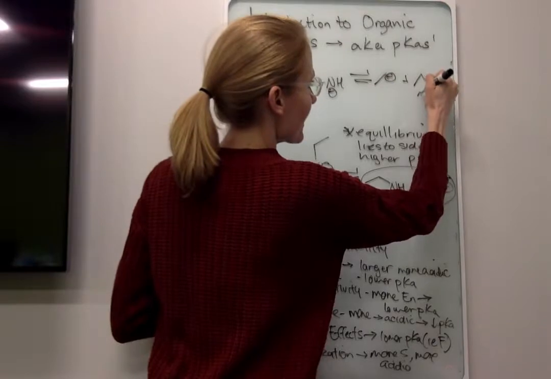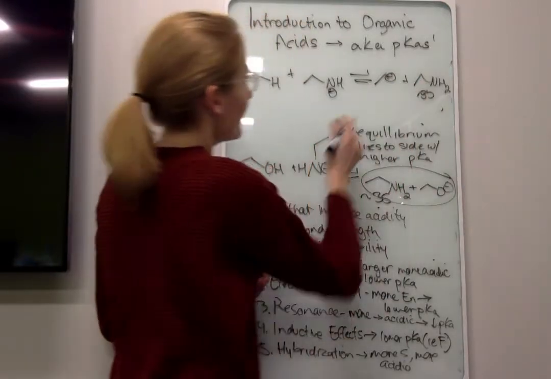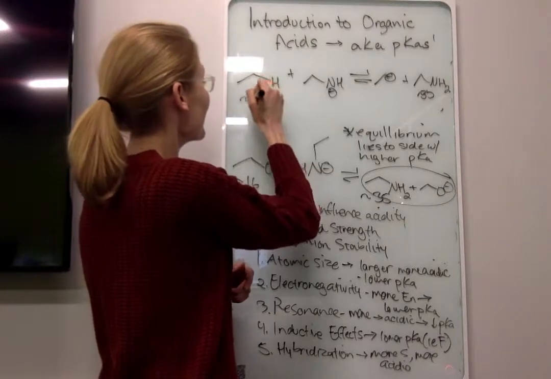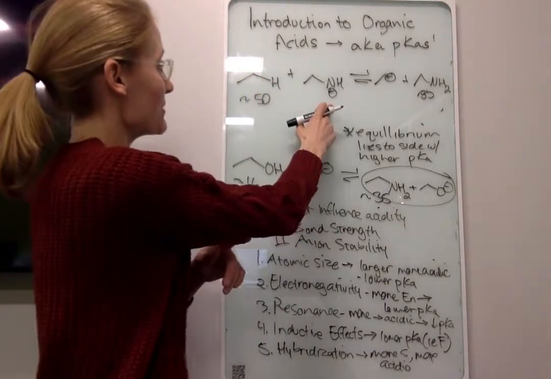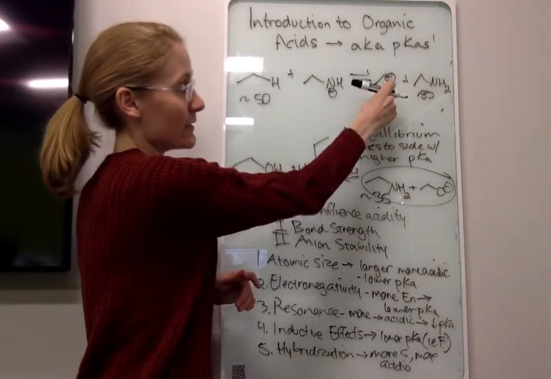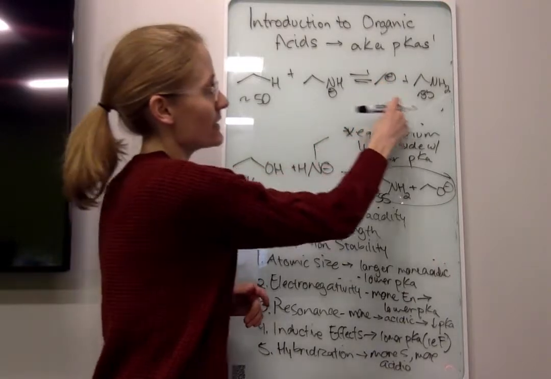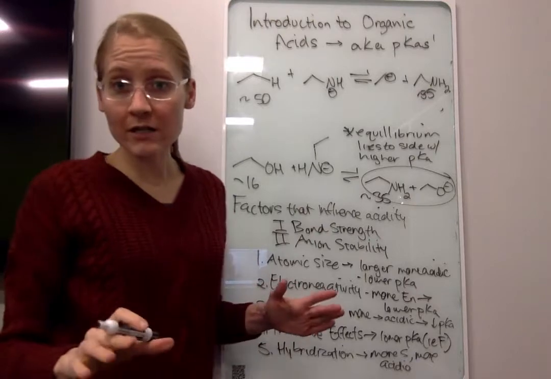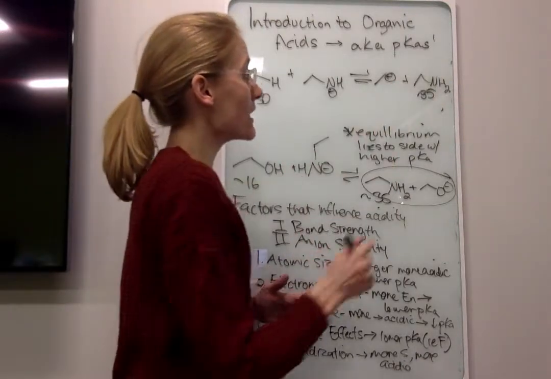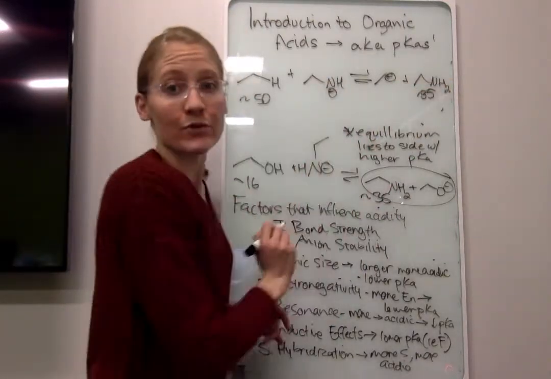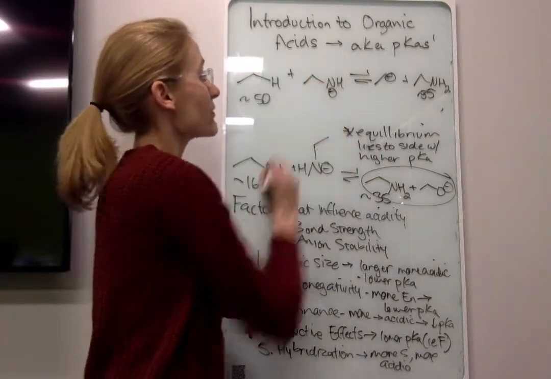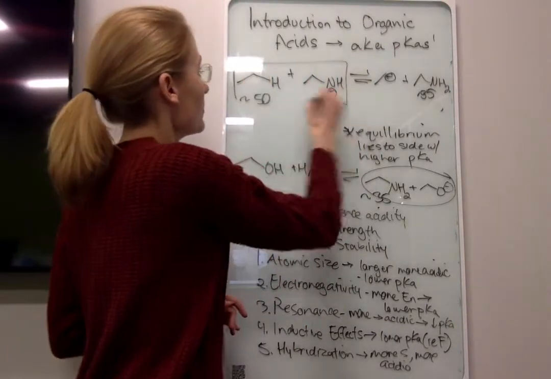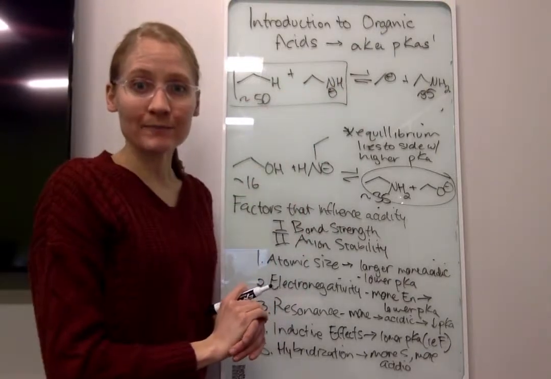We know this pKa is about 35, and this pKa is going to be about 50. So if you introduced this carbanion in with a proton, no matter what other type of reaction you wanted it to do, if that amine was there, it would just take that proton, and then this would be your reactive species. So equilibrium would lie in this direction.